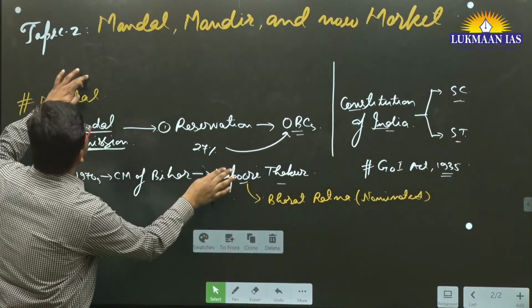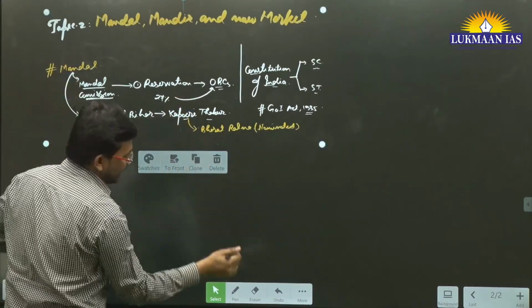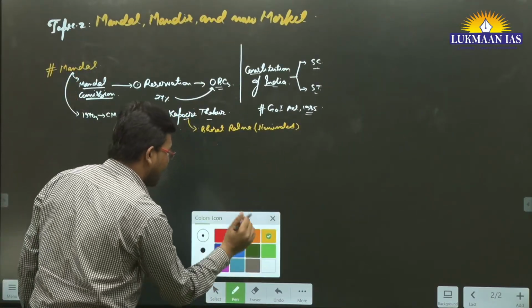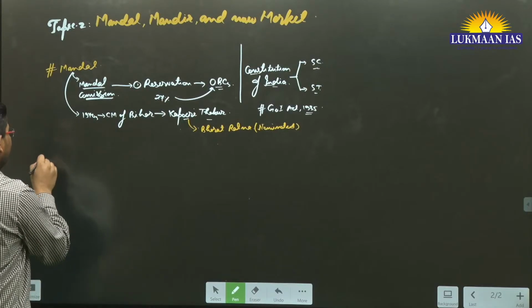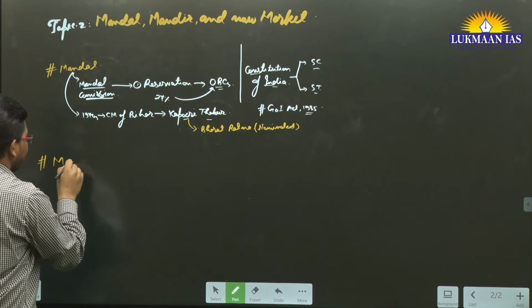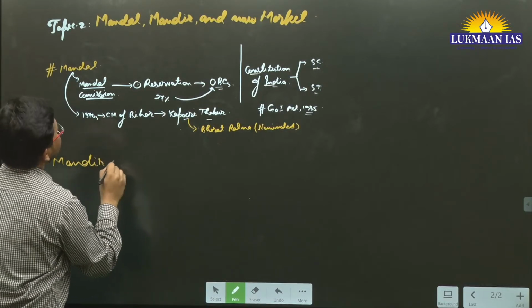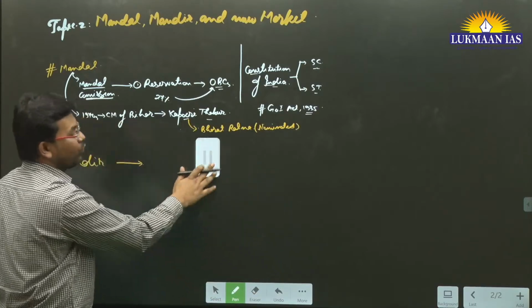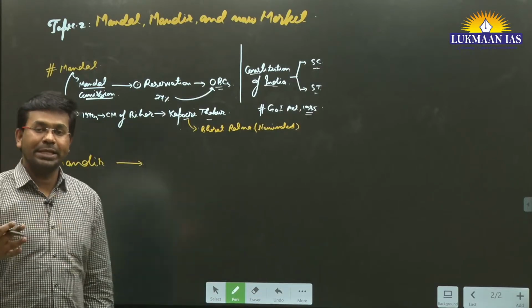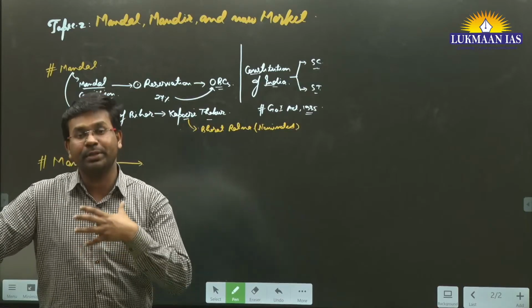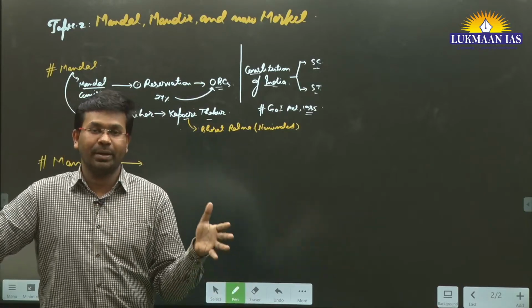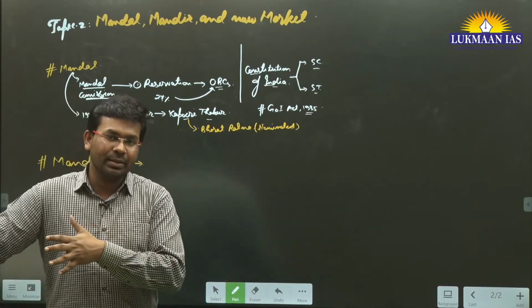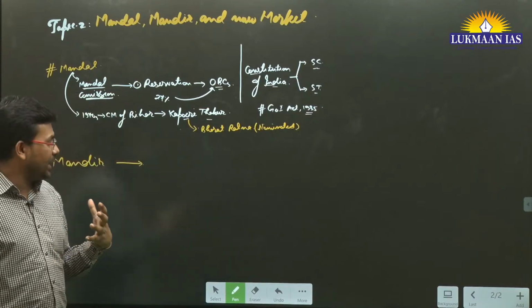Having understood about Mandal, now let us understand about Mandir. The second part of this discussion is Mandir. Mandir is a place of worship, very sacred for the people who belong to the Hindu religion and have faith in gods.